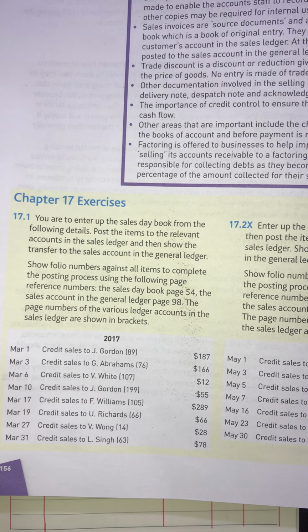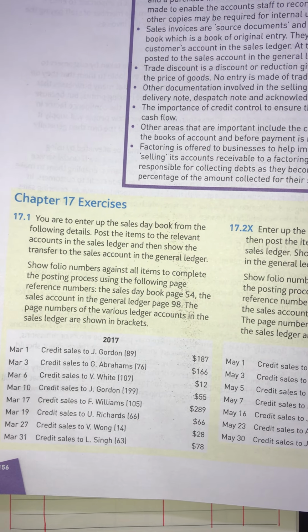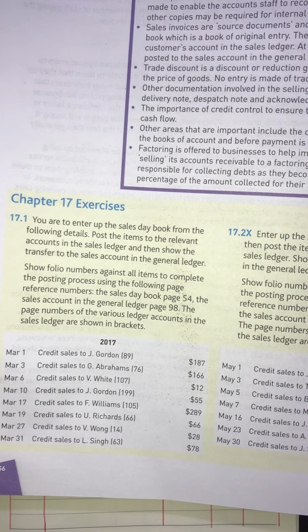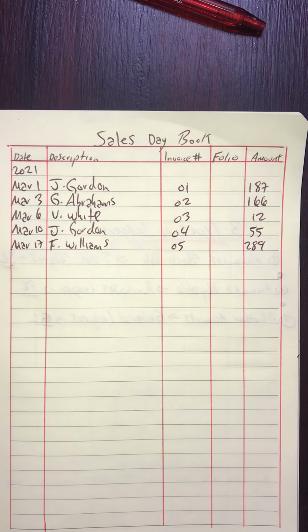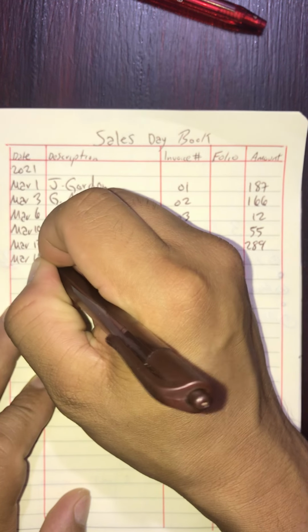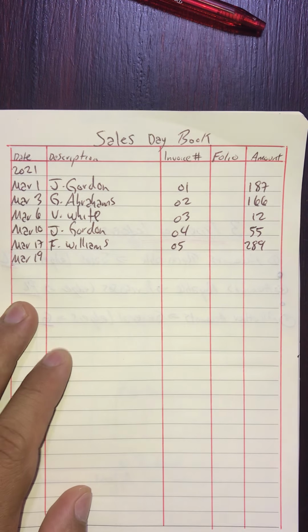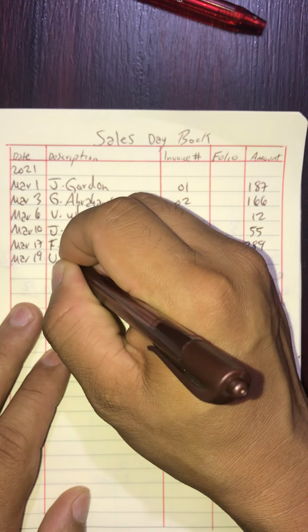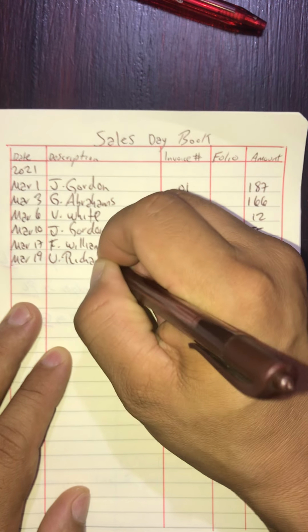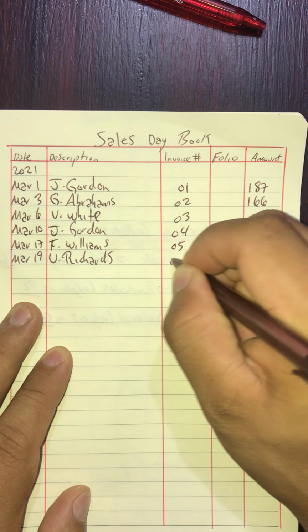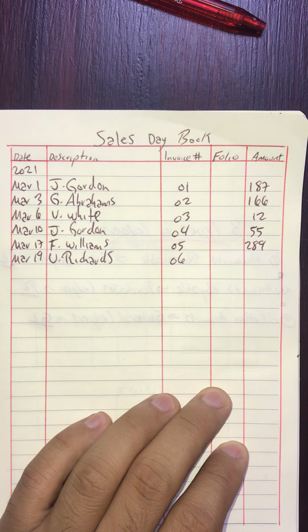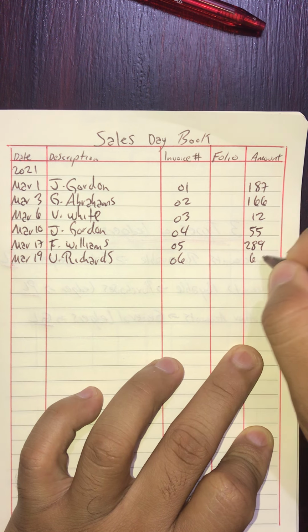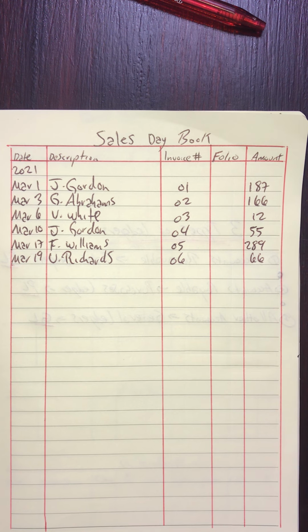The following transaction, March 19th, credit sales to U. Richards, $66. U. Richards, invoice 06, amount $66.